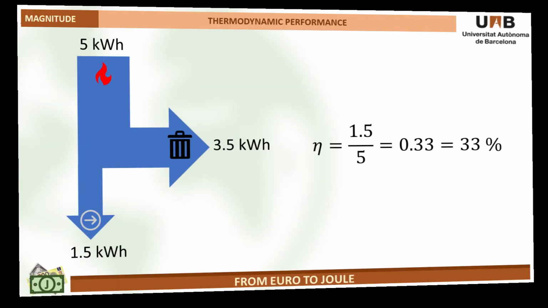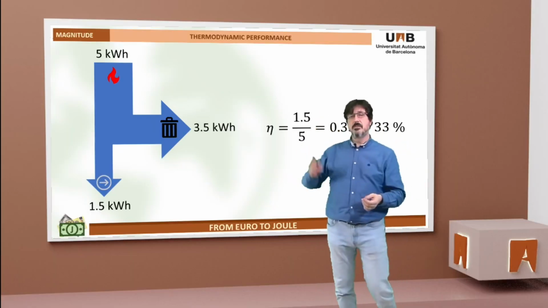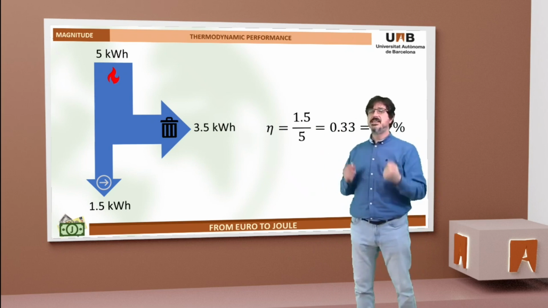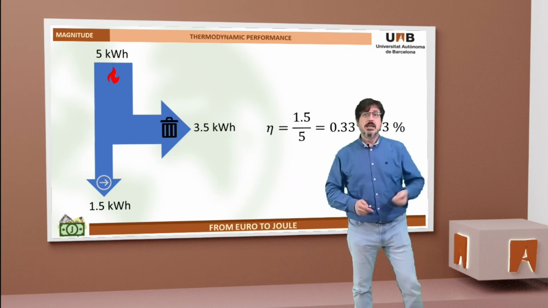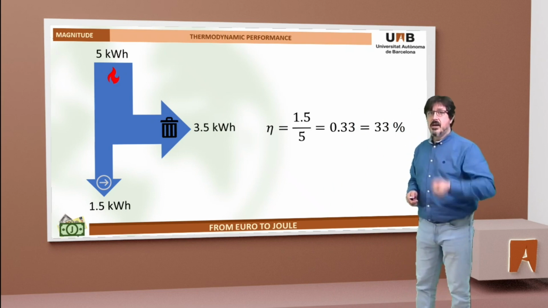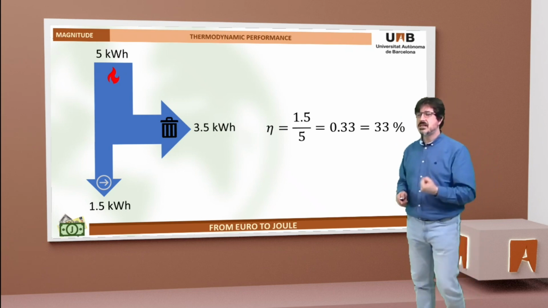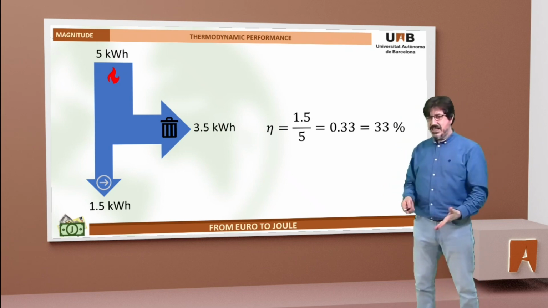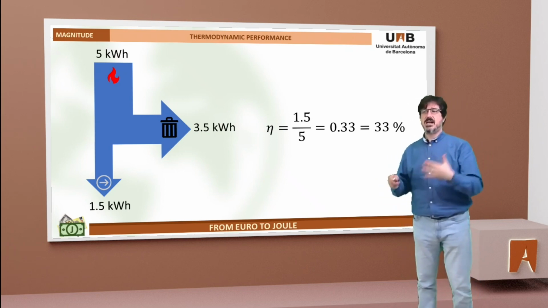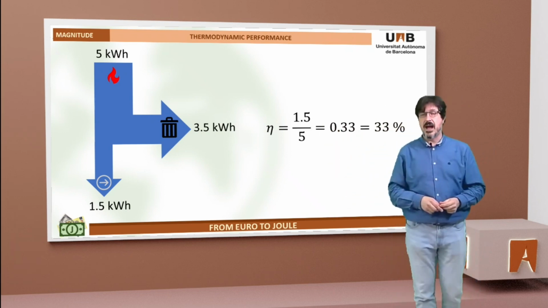And this means if we make the quotient, 1.5 divided by 5, that is the total amount that I'm using, I get 0.33. This means that I only use properly 33% of my energy, and it means that I'm just wasting 67% of the energy, more or less. These are approximated values.